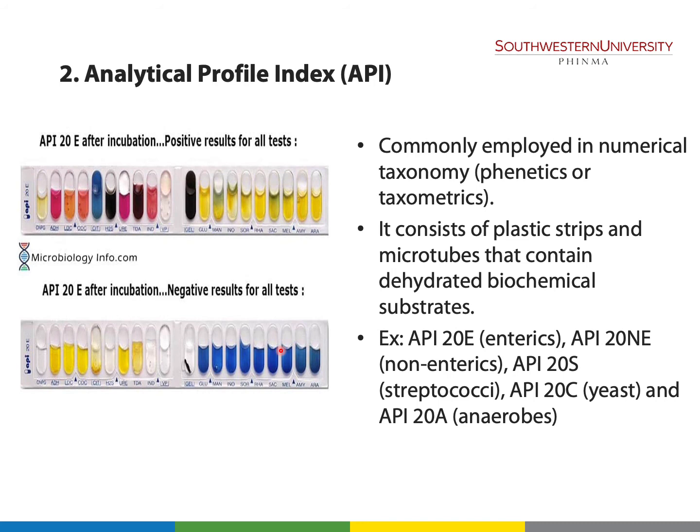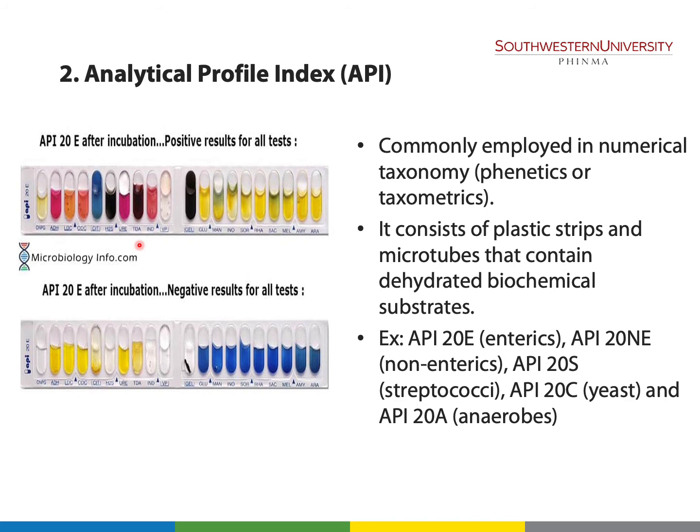These substrates are inoculated with a pure culture suspended in sterile physiologic saline. Almost all cultivatable bacterial groups and more than 550 different species can be identified using this test.